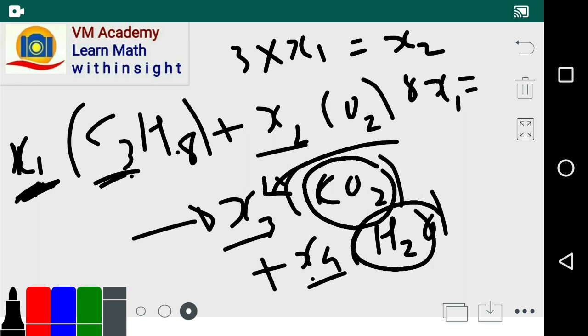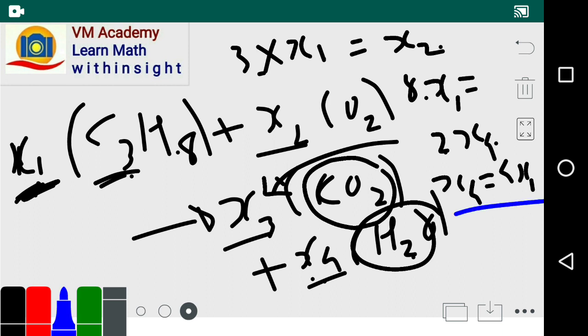So x4 molecules of water contain x4 into 2, that is 2x4. So 2x4 equal to 8x1, that means x4 equal to 4x1, and x2 equal to 3x1.